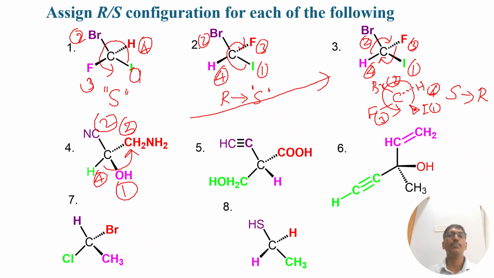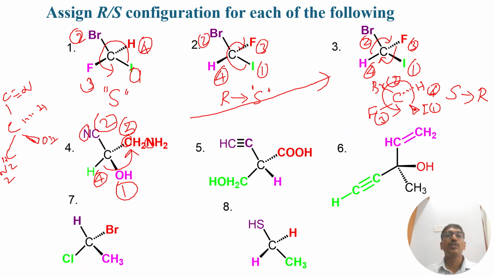What would be the outcome? Now you see that hydrogen, and you bring the CH2NH2, and then OH and CN. So if you carefully look into that, this carbon is attached with the nitrogen, right? And this carbon has also attached with the nitrogen.